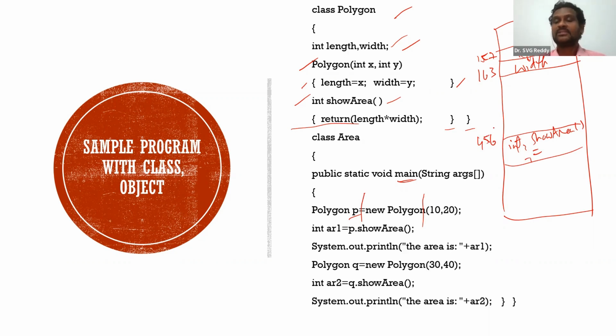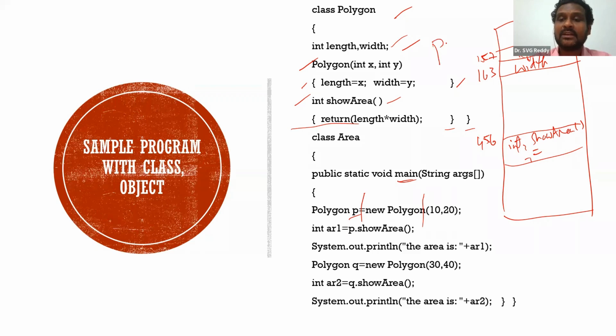When the operating system gets an empty space at some address, it will allocate it for the method. Please understand, for P, new Polygon means the variables length and width and the method called showArea. So these variables and showArea are allocated in the memory at some addresses.